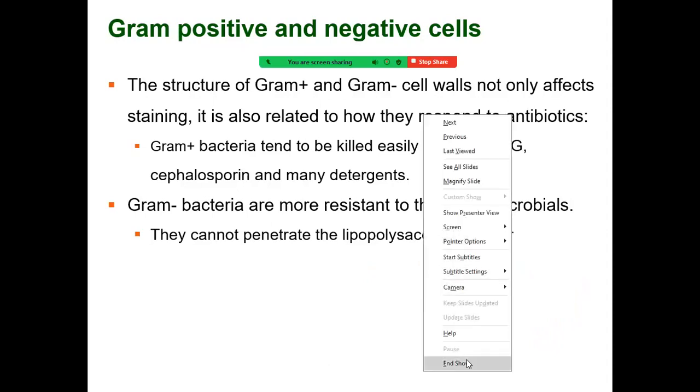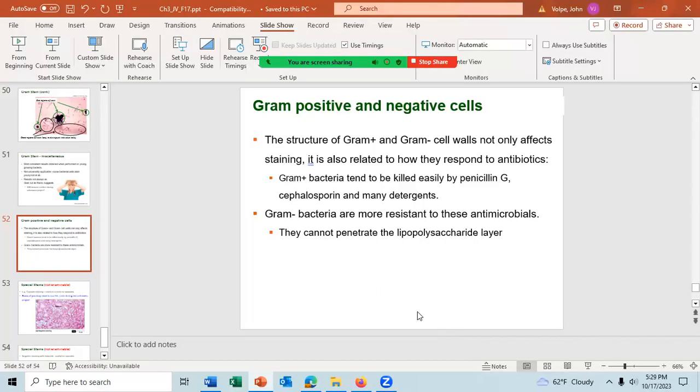All right. The structure of the gram-positive and gram-negative cell walls not only affects their staining, it also is related to how the cells respond to certain antibiotics. For example, gram-positive bacteria tend to be killed easily by penicillin G and some other antibiotics like penicillin V and the cephalosporins, as well as many detergents.